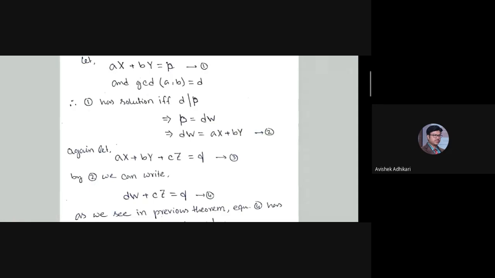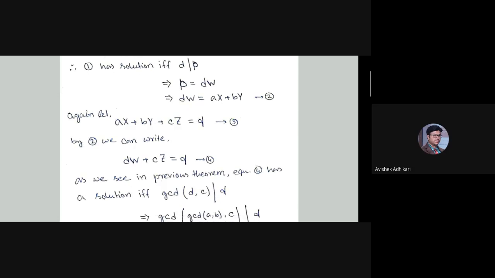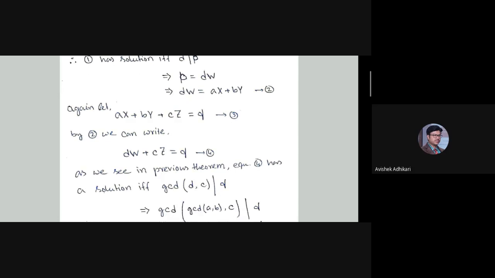So this equation 4 is a linear Diophantine equation in two variables, w and z. As we saw in the last theorem, equation 4 has a solution if and only if the GCD of d and c divides q.